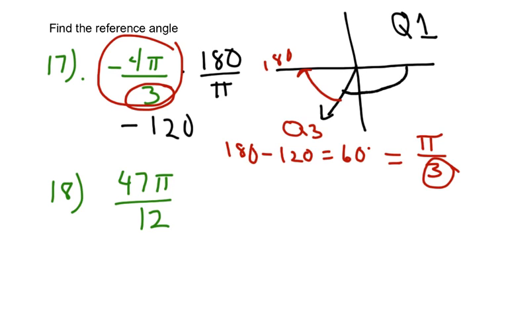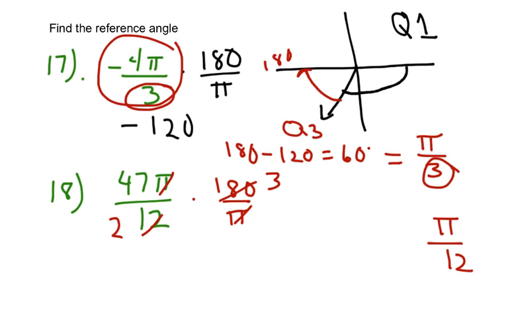So in this case, we'll just do the answer first. The answer to this right away is pi over 12, because you want a positive acute angle. This angle here, we could say, what quadrant is this in? Let's change this to 180 over pi. 6 goes into this, so this would be 2, this would be 3.